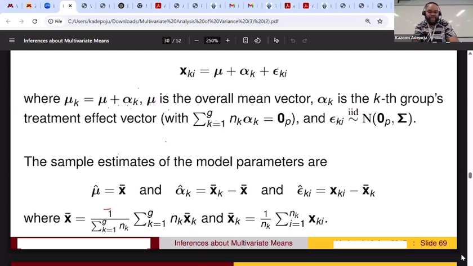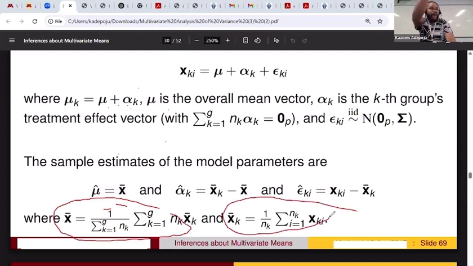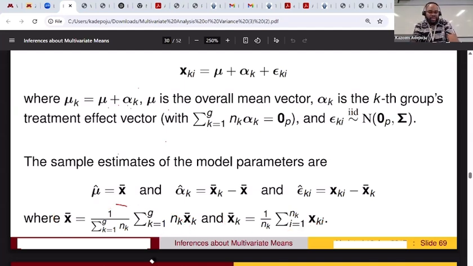Your X bar is the overall mean, and this one is the mean per group. Get what I mean? Now I'm going to move on, so pay attention.